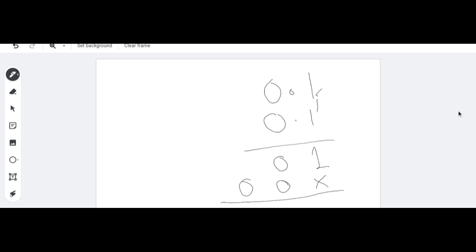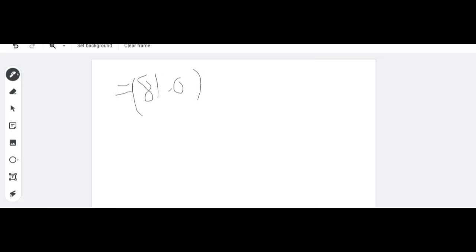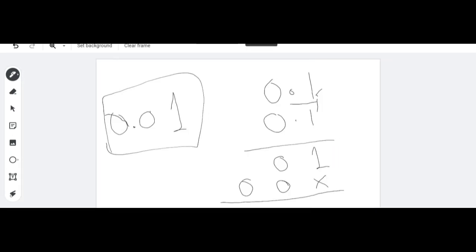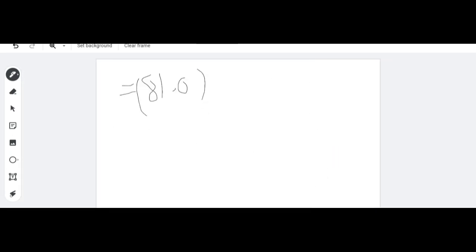Here the answer is 0, 0, 1. Since the answer has 3 digits and the point is between 0.1, the point will be located after the first 2 digits. This is how you can solve this. Yes, the answer for 0.1 square is 0.01.